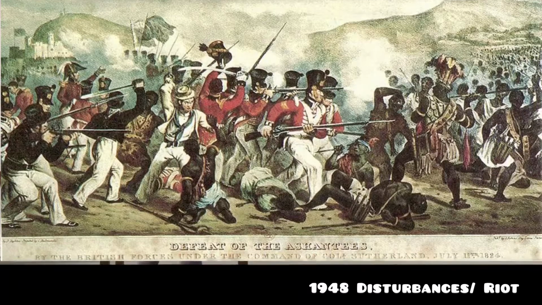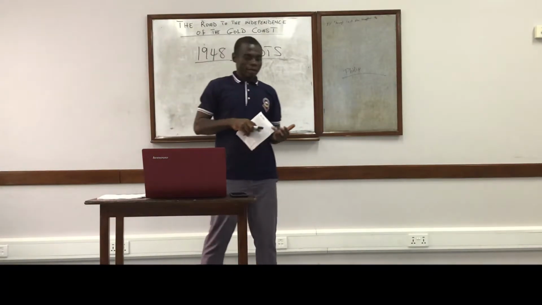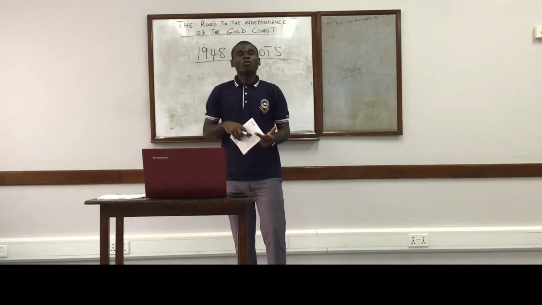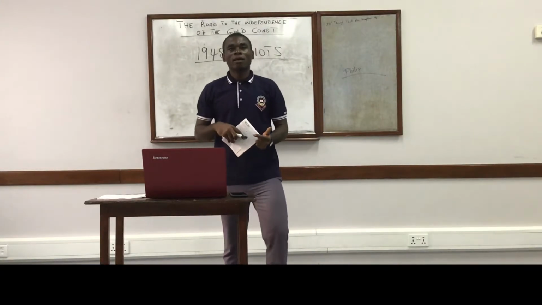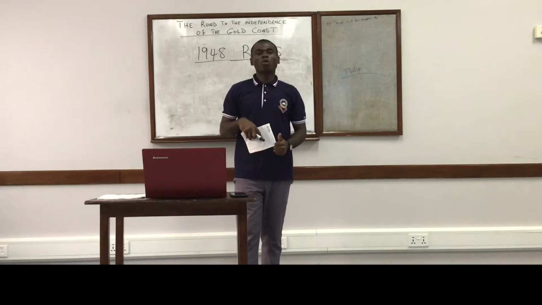So as I said, we have what? The veterans' promises were not fulfilled. That is one. The second one, there was foreign domination in the market of the Gold Coast. The third one was the increase of what? Goods and services. And the fourth one, the British also cut down the cocoa trees because there was a disease called swollen shoot disease.